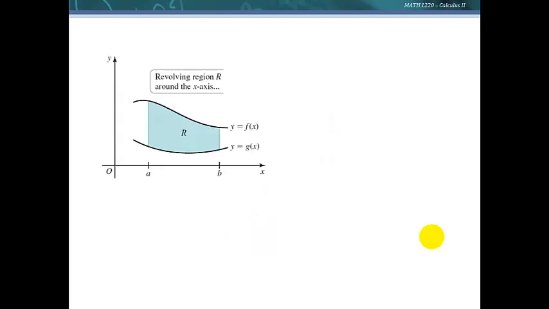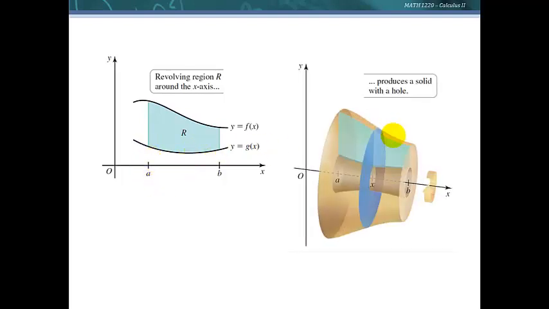So if we looked at some region and we're not using the axis as one of the edges of the region, if we rotated this around the x-axis, you can see that right in here there's going to be a hole, and the radius of that hole is going to vary. It's going to be different here than it would be right here. So as we rotate this around and generate this solid, it will be a solid with a hole.